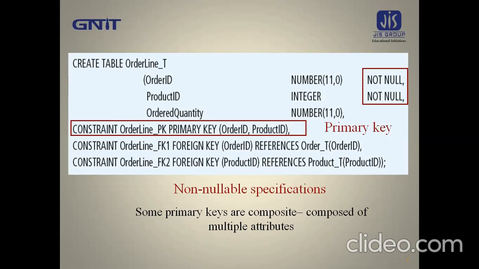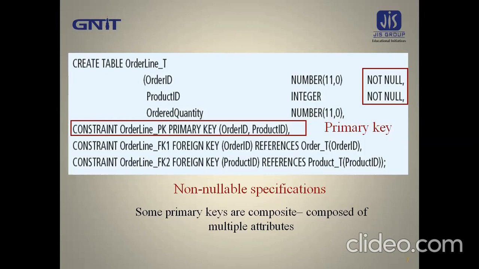And this is how we need to write these constraints. This constraint, order line fk1, is the name of the constraint. When we are running the DDL statement, the statement must validate all the constraints that we have specified beforehand.